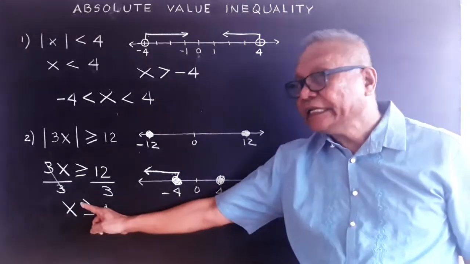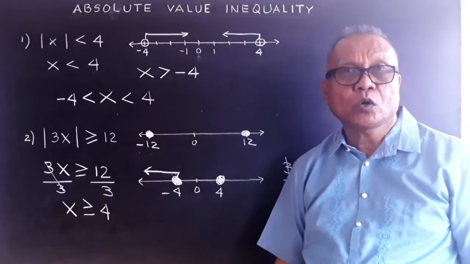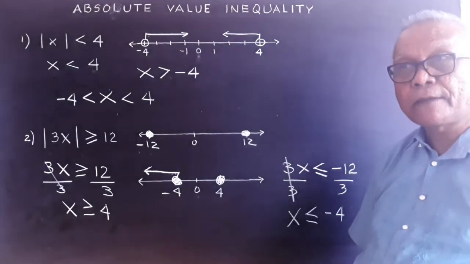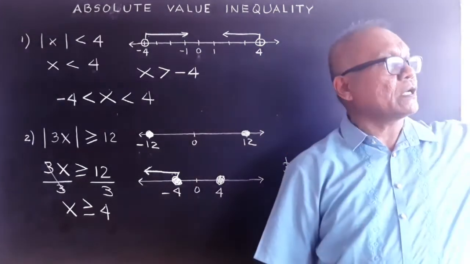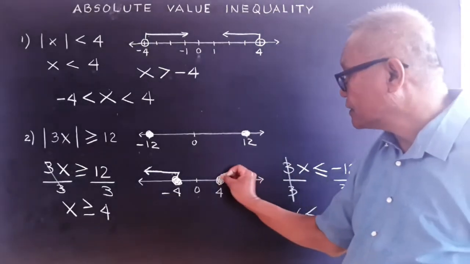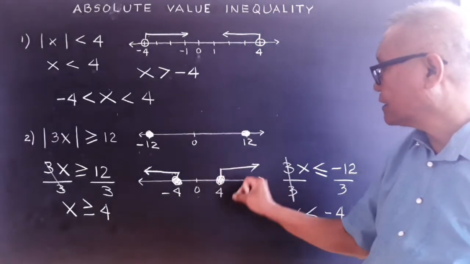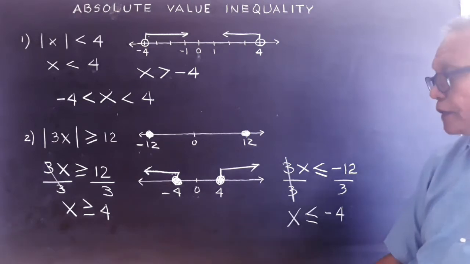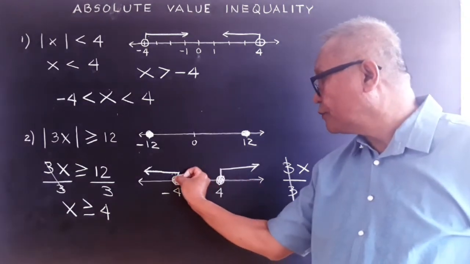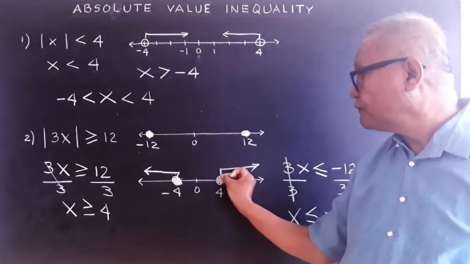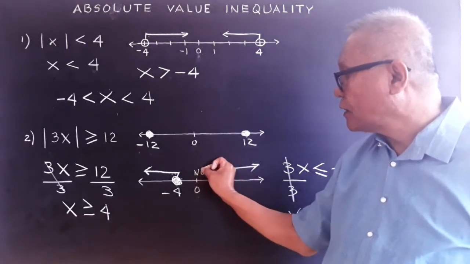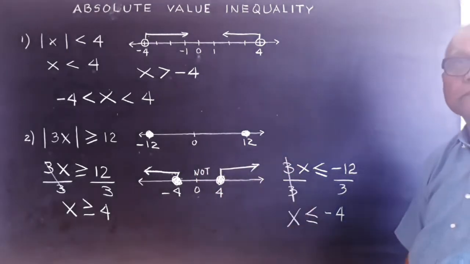What about greater than? Where will it go? It will go to the right because greater means you go to the right of the number line. So this one is going in this direction. Therefore, this portion here from negative 4 to positive 4 is not our solution.